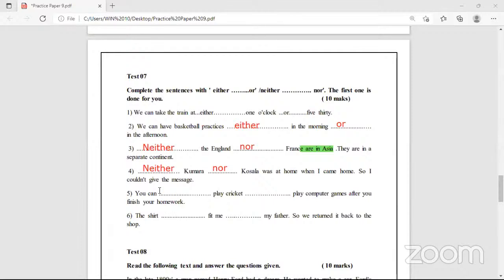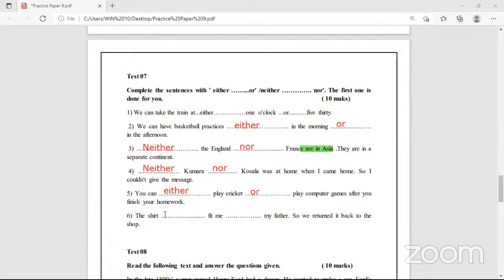You can either play cricket or play computer games. Right, cricket sellan karana puluwan, නැත්නම් computer games sellan karana puluwan after you finish the homework. Homework finish කරයින් පස්සේ. Right, you can either play cricket or play computer games after you finish your homework.